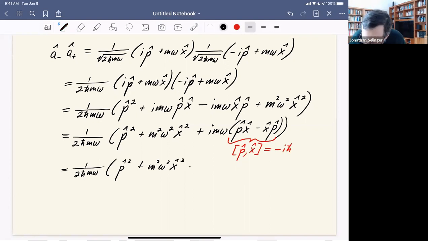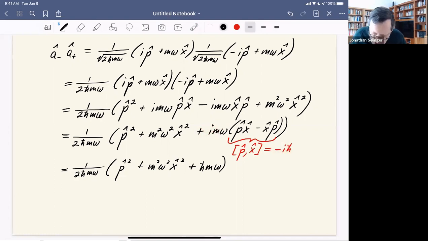And now the I and the negative I cancel, and we can say just plus h bar m omega. Looking a little bit simpler now.